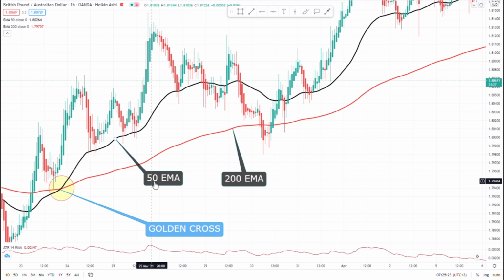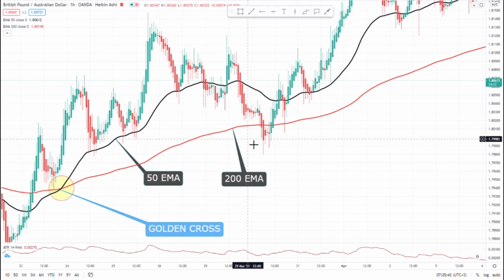You can use the 50 simple moving average. It doesn't matter, whichever, simple or exponential moving average, provided it is 50 and 200. So the black one is 50, the red one is 200. This is a 1 hour chart.